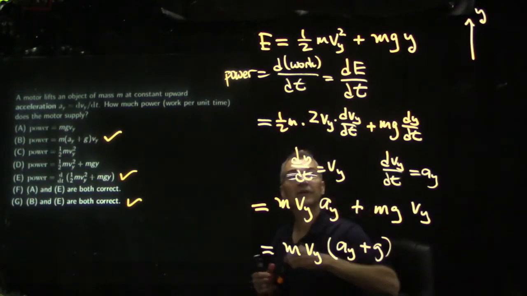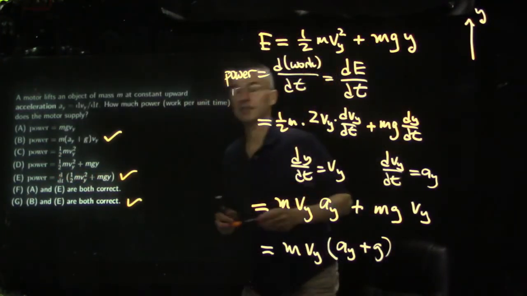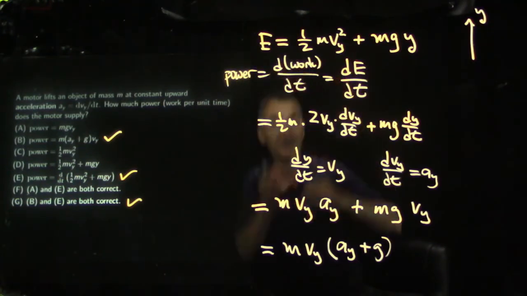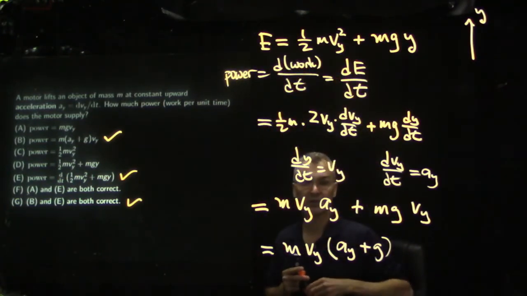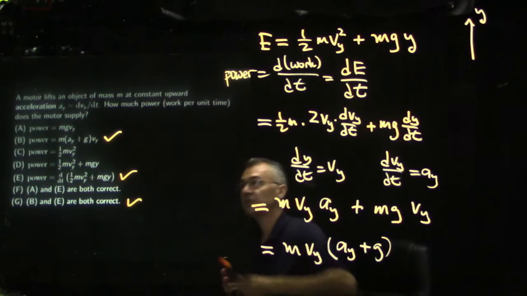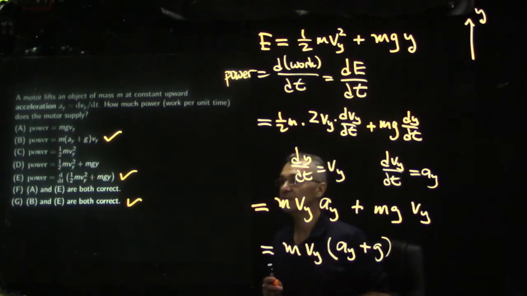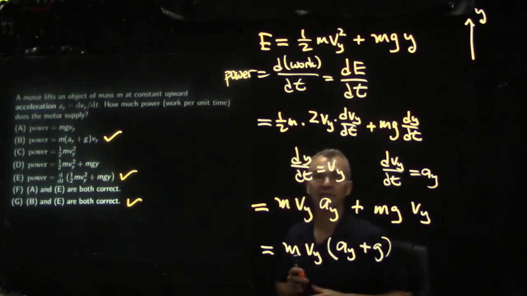Power must be the rate of change of this expression. So that's answer E, Echo. And then if you actually evaluate that rate of change, you get m times v sub y times a sub y plus g. So that is answer B, Bravo. So I like answer G, golf, because I think B and E are both correct.